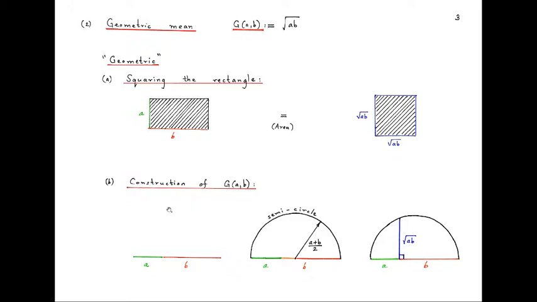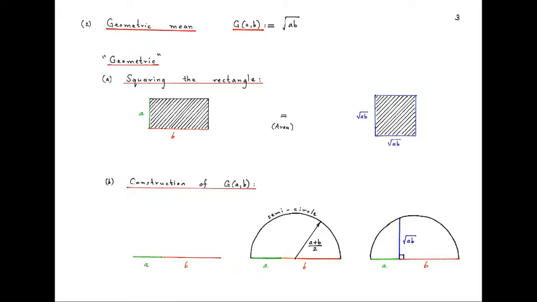Here is one more instance where the geometric mean arises, and this can be thought of as the construction of the geometric mean given two line segments of lengths a and b. Suppose we have two line segments, one of length a and the other of length b. Then we can draw a circle with the combined segment as the diameter.